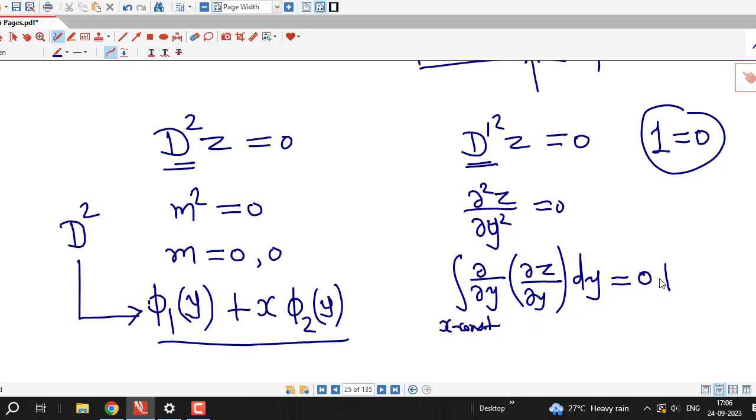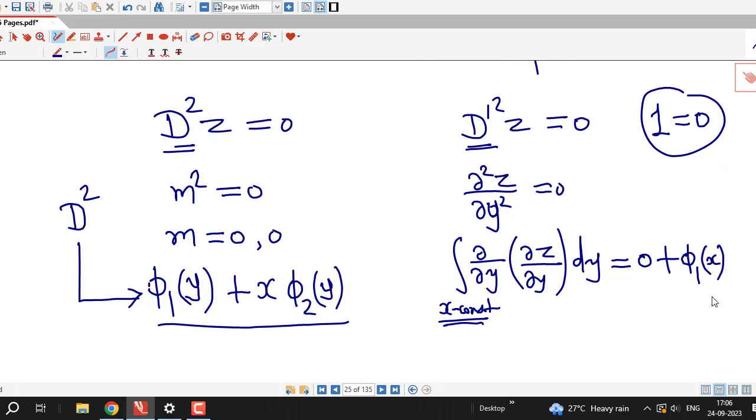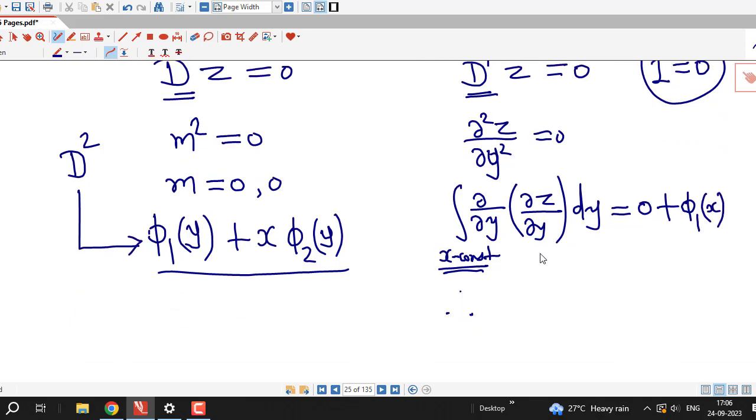Integral of 0 is 0, and because we are considering x as constant, we have to write the arbitrary constant as a function of x. Now what is the integral of del z by del y with respect to y? Del z by del y itself, that is equal to an arbitrary function of x, phi 1 x.